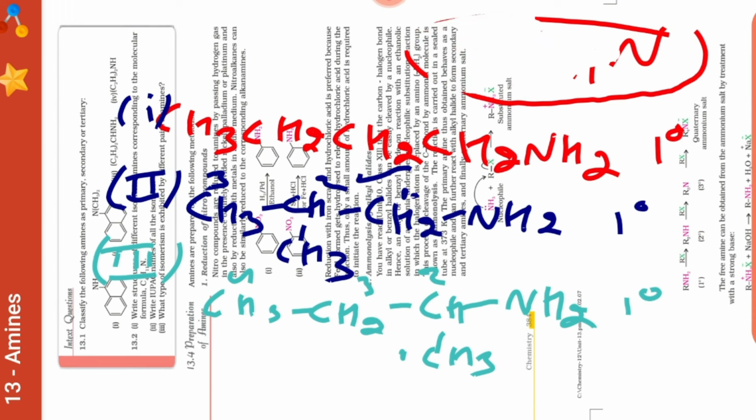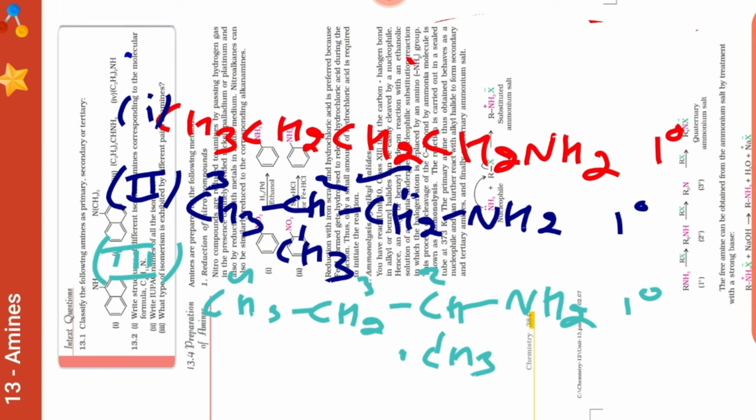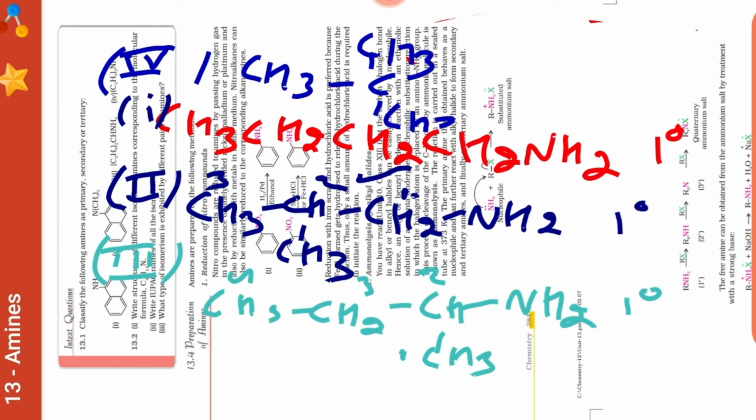Fine. In the same way, we can see one more isomer. You must see, all of you, one more isomer is here. That can be possible like this: CH3, NH2.